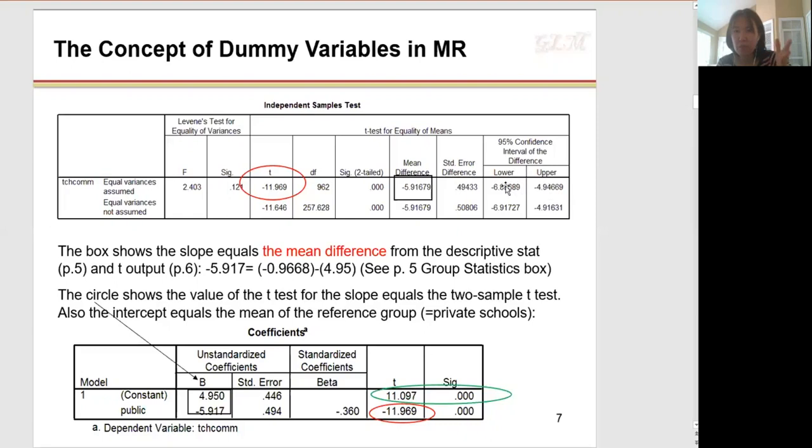If this confidence interval contains 0, then we fail to reject the null hypothesis, which is statistically insignificant.